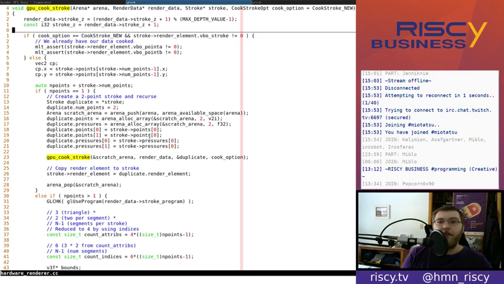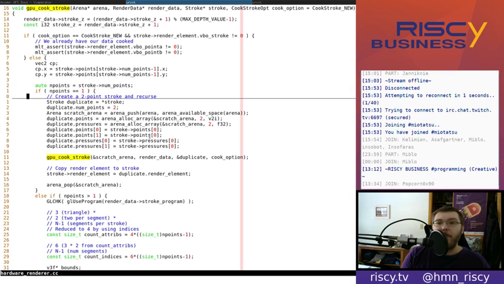Because this is using vectors, even though it looks like a raster-based kind of thing. It's actually using vectors. So presumably cooked just means rasterizing the vector.